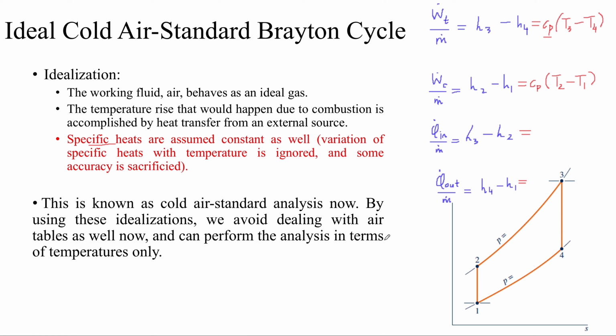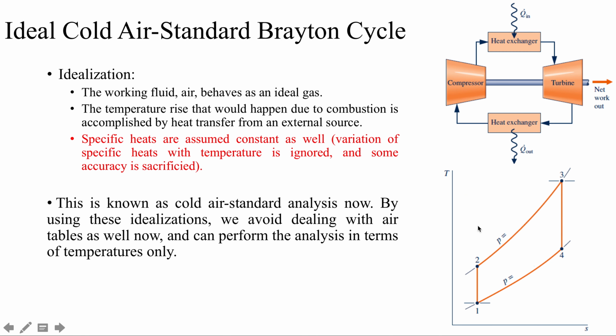In a lot of cases, it's entirely possible that temperatures are not given to you, and instead you've got pressures given to you. So then you need to convert from pressures into temperatures. For example, to convert pressures into temperatures, I could use the relation for polytropic processes, which is PV to the power n equal to constant.